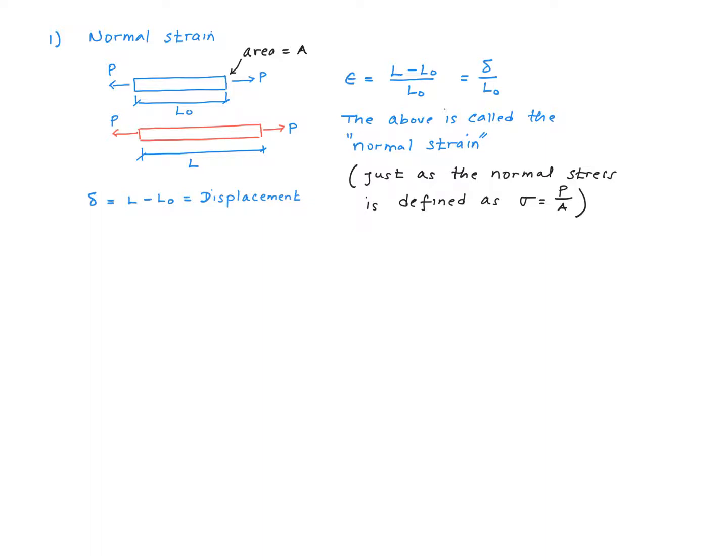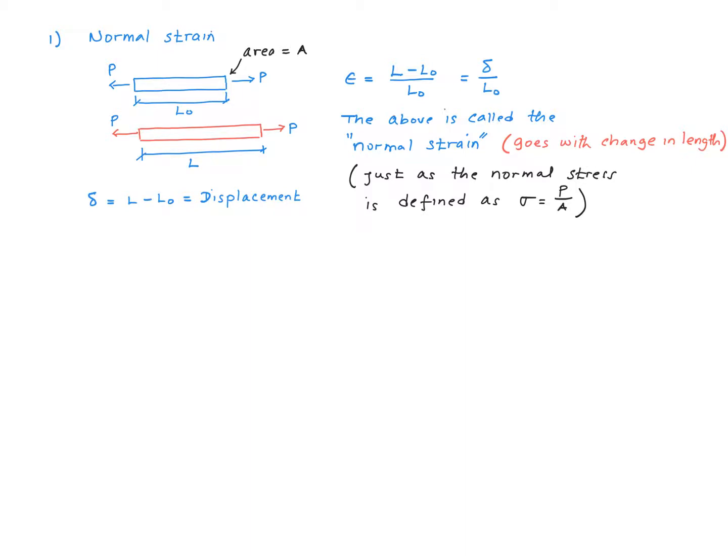Now we define the quantity epsilon as the change in length divided by the initial length. So it will be L minus L0 over L0 or delta over L0. Epsilon is called the normal strain. And you can see epsilon, the normal strain, goes with the change in length.